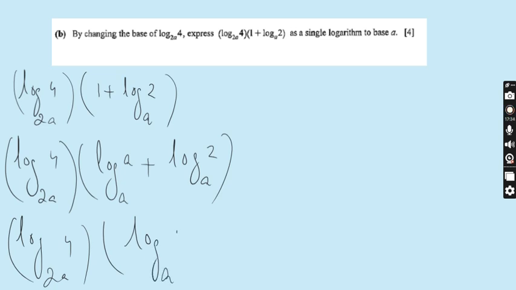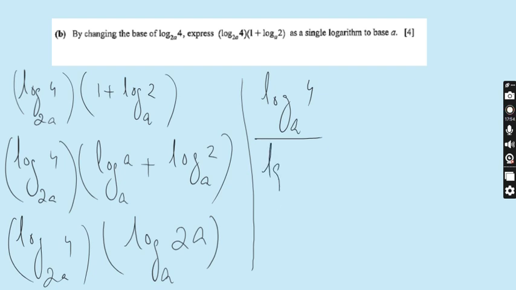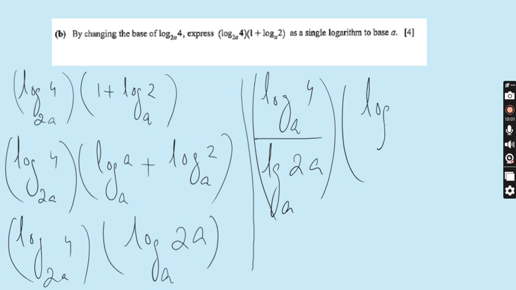So a into 2 is log 2a, and now this log 2 a4, if you want to make the base of log 2a as a, it is a4 upon log a 2a. So this is the change of base rule, and this log a 2a remains the same. Now cancel this log a 2a by this log a 2a.